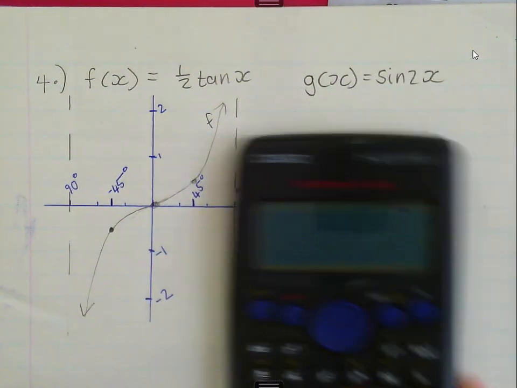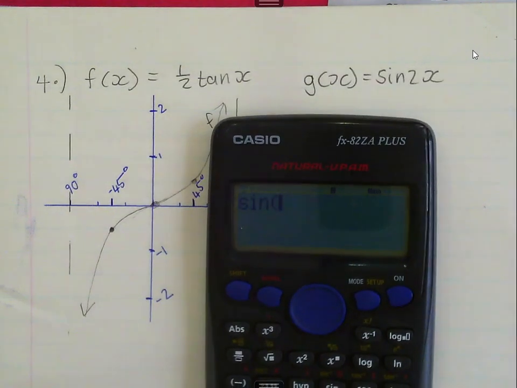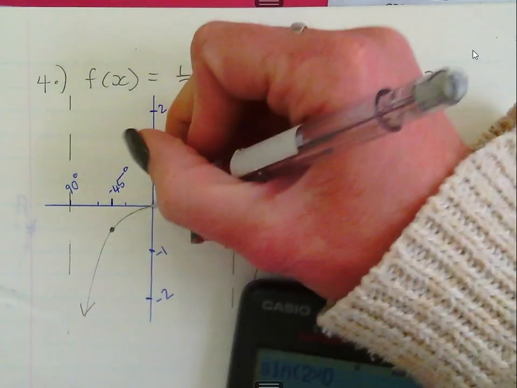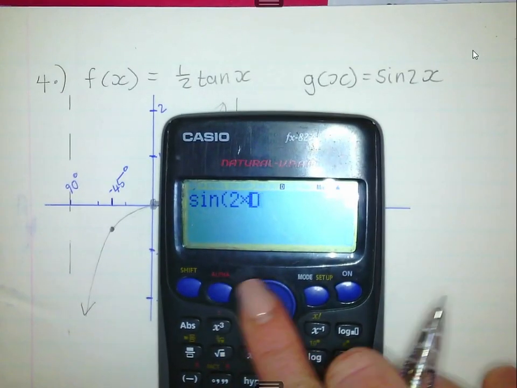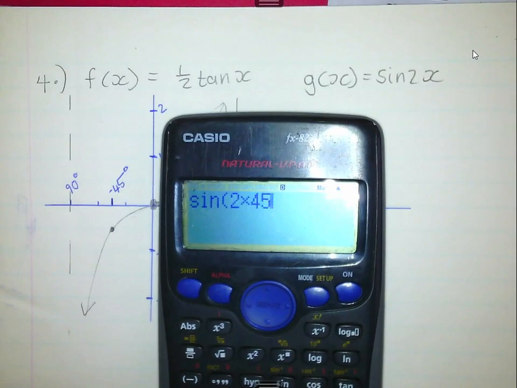So I'm starting with sin 2 times 0. It gives me 0. Then I substitute in 2 times 45. Gives me an answer of 1.